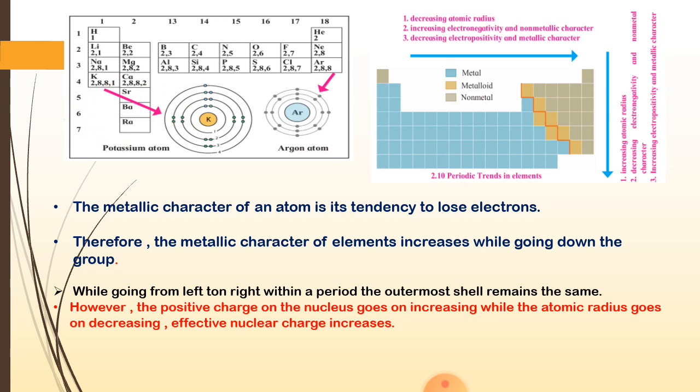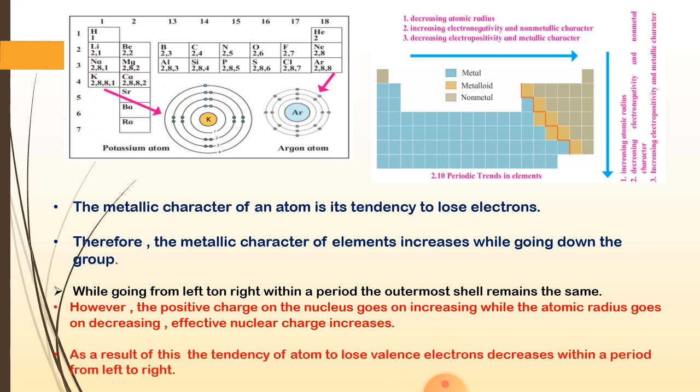However, the positive charge on the nucleus goes on increasing, while the atomic radius goes on decreasing. That's why the effective nuclear charge also increases. As a result, the tendency of an atom to lose valence electron decreases within the period from left to right.